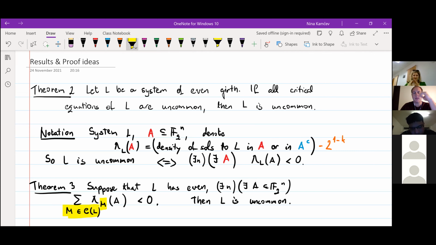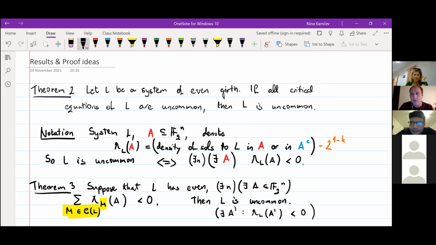L can have 100 variables, 100 equations, and we're able to decide uncommonness based on just its critical equations. Just in symbols, in case the conclusion is clearer, what we actually show is that there is another certificate A prime that shows the uncommonness of L. This A prime can be, and in general is, different from this certificate A.